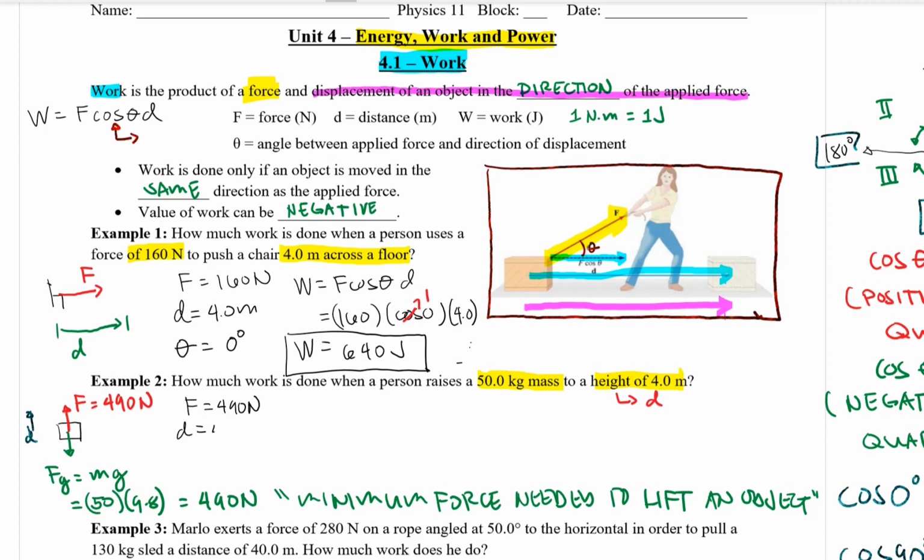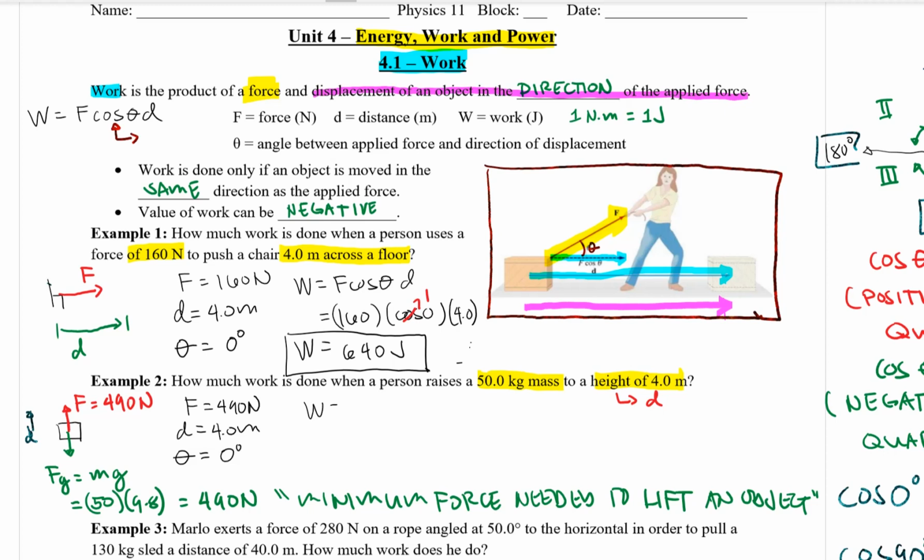D must be 4.0 meters, again my vertical displacement given by the height. And theta in this case is 0 degrees, because if you look at the diagram, you're lifting it up and the direction of your force is also up. So the angle is 0.